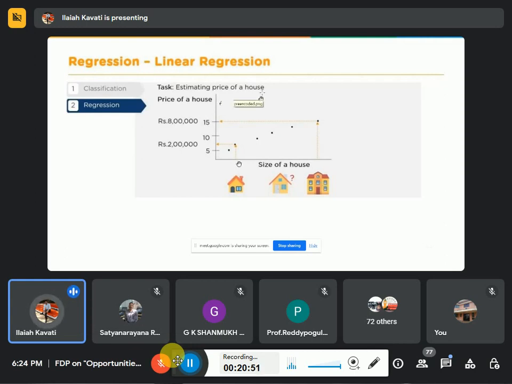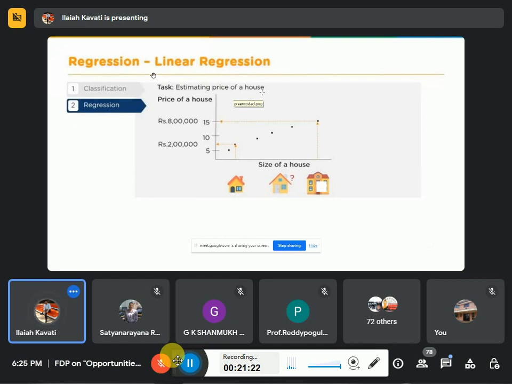The price of a house, suppose in Hyderabad or in Bangalore, will depend on the area, meaning location, the size, meaning the area of the land, and the number of floors. So the house price is the dependent variable, always on the y-axis, and it will depend on one or more independent parameters.